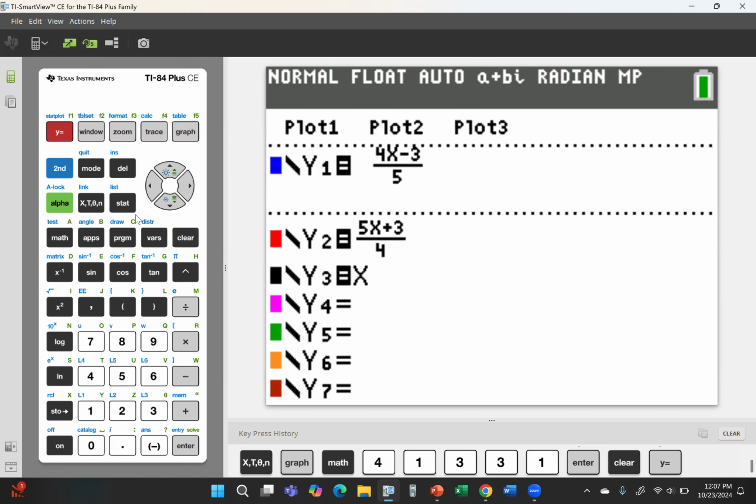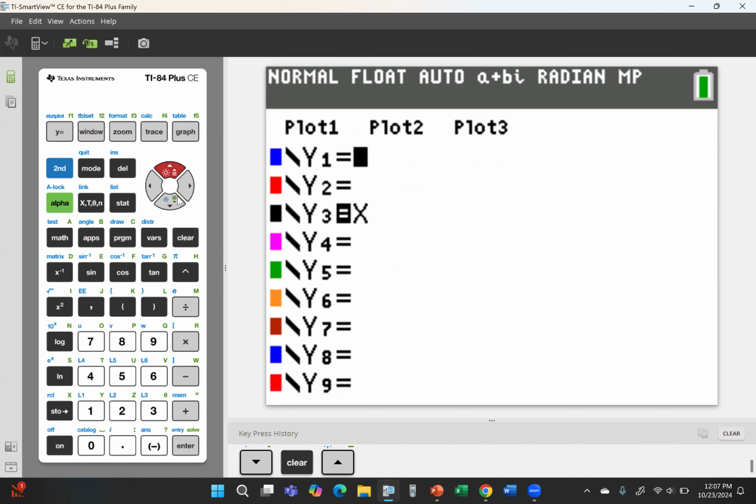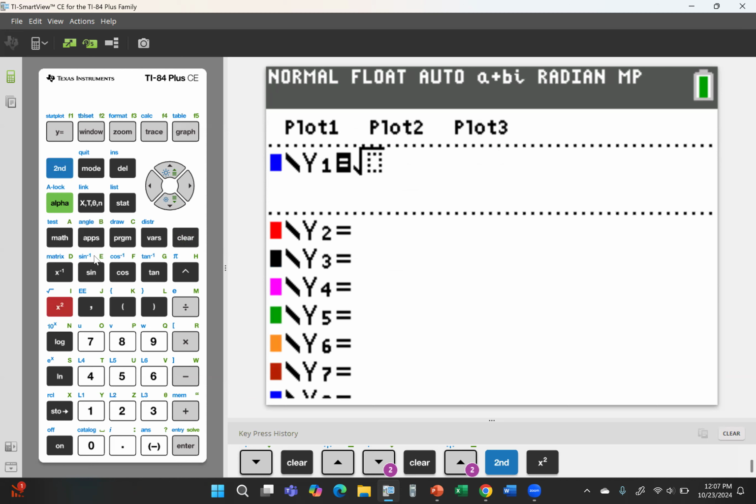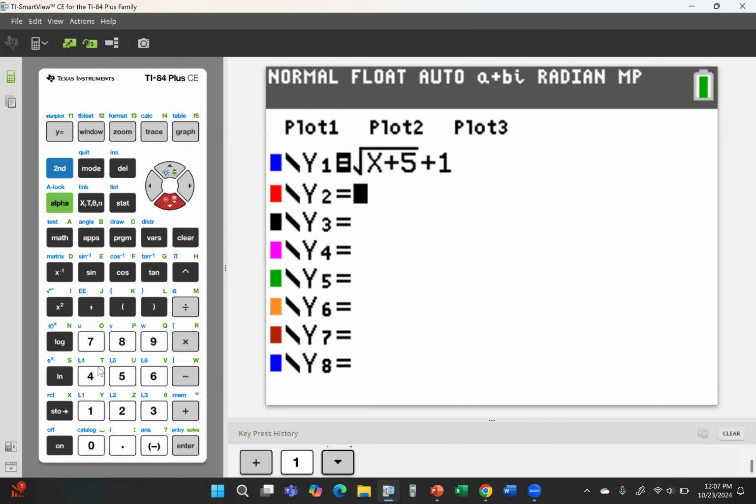So in y1, I'm going to graph the square root of x plus 5. I've got to arrow out of that radical. I'm going to add 1. And in y2, I'm going to graph x.